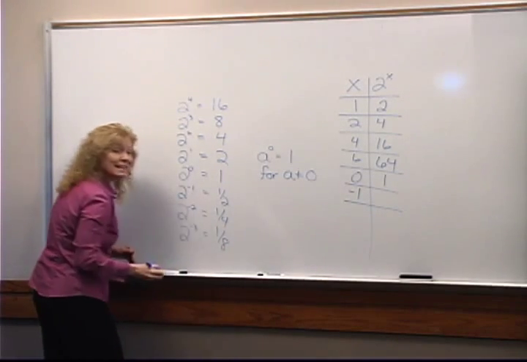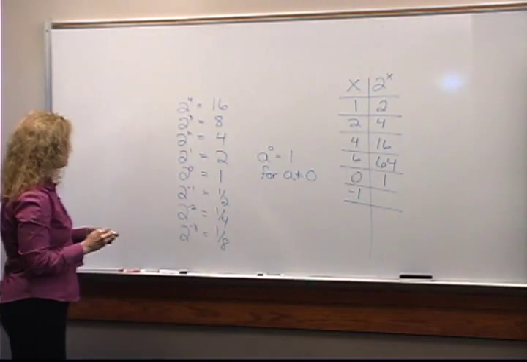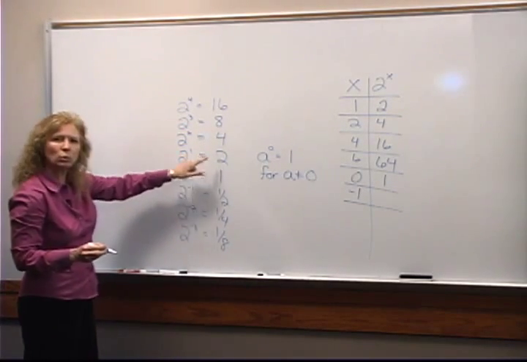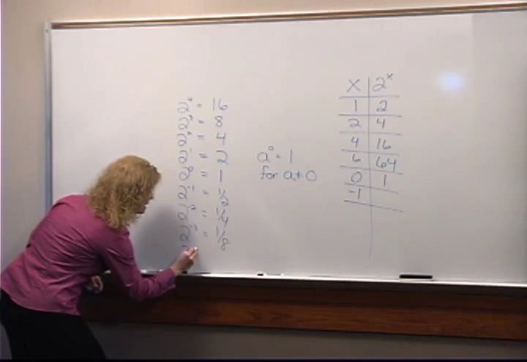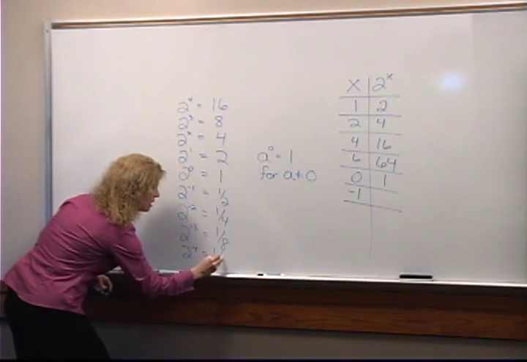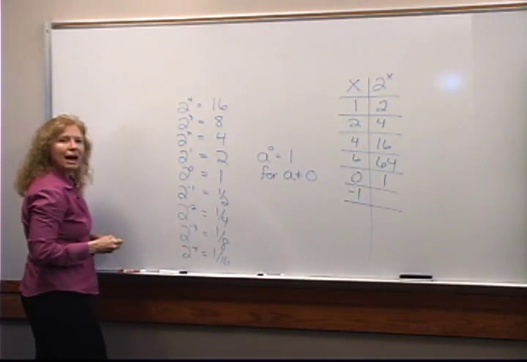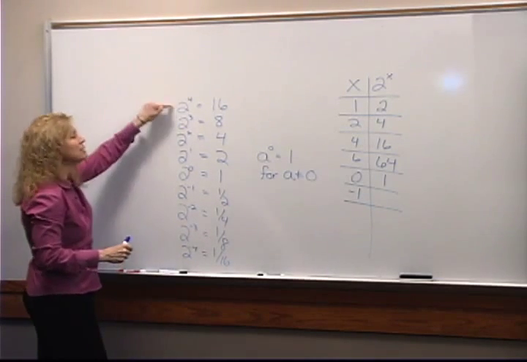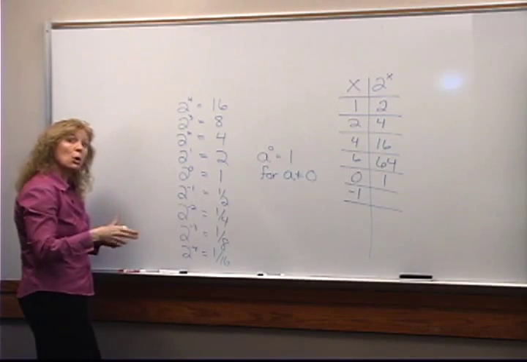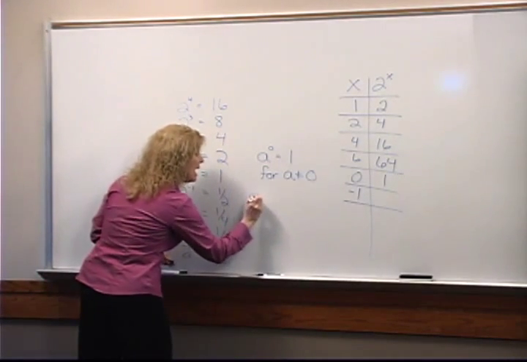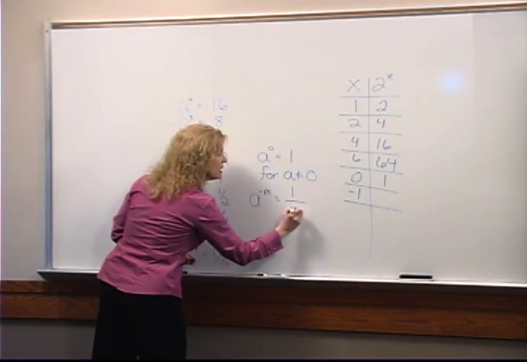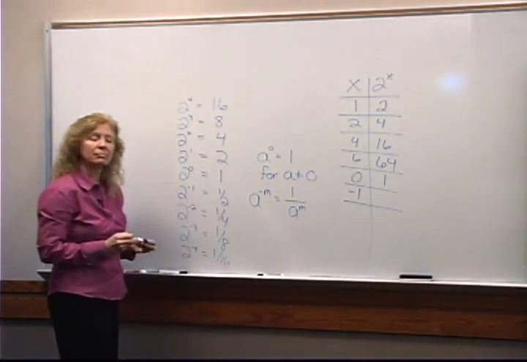It'd be 1/8. And that might be when it suddenly dawns on you just how cool this ends up being. Essentially, there is a connection between 2 to the negative 4 and 2 to the positive 4. And so by definition, a to the negative m is equal to 1 over a to the m.